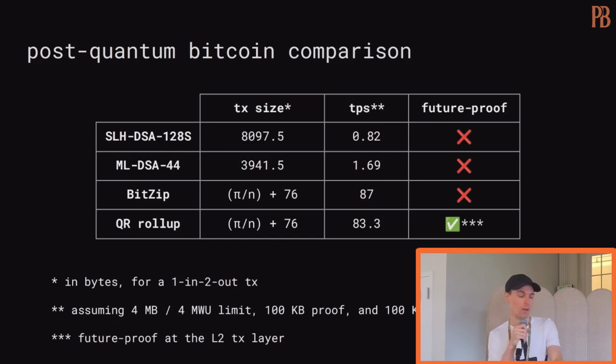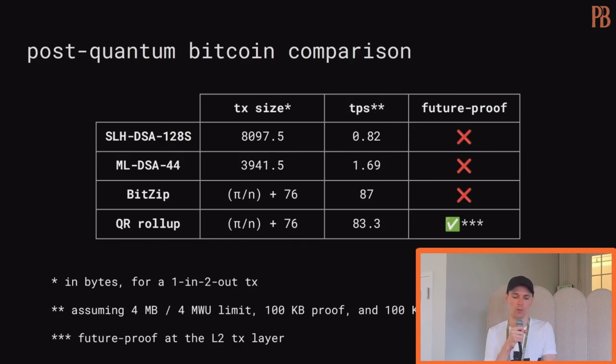In this case, the example is using 1 in, 2 out UTXO-based transactions. And then you amortize the cost of the cryptographic validity proof over all of those transactions. So that's where you get this proof divided by n, where n is the number of post-quantum transactions that you have in that block.